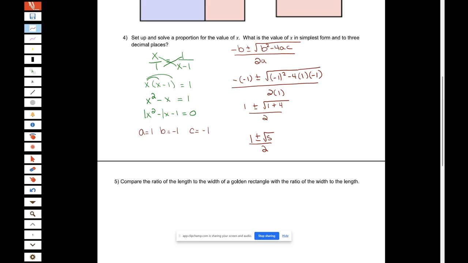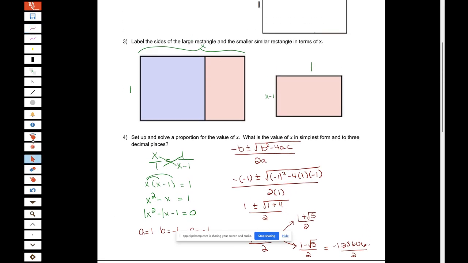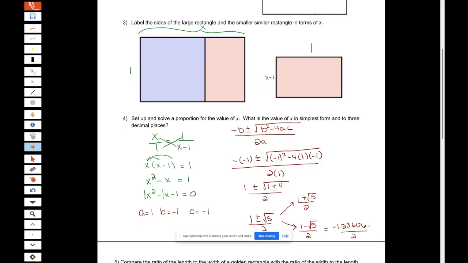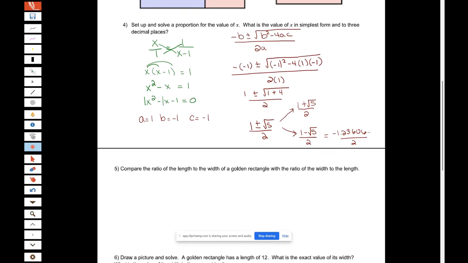So that means I have two solutions for x, 1 plus root 5 over 2 and 1 minus root 5 over 2. If I do 1 minus root 5 in my calculator, I get negative 1.23606 and so on, over 2, which is going to be a negative number. And since this is representing x, the side of a rectangle, we can't have a negative number for that. So this solution we are going to discard.